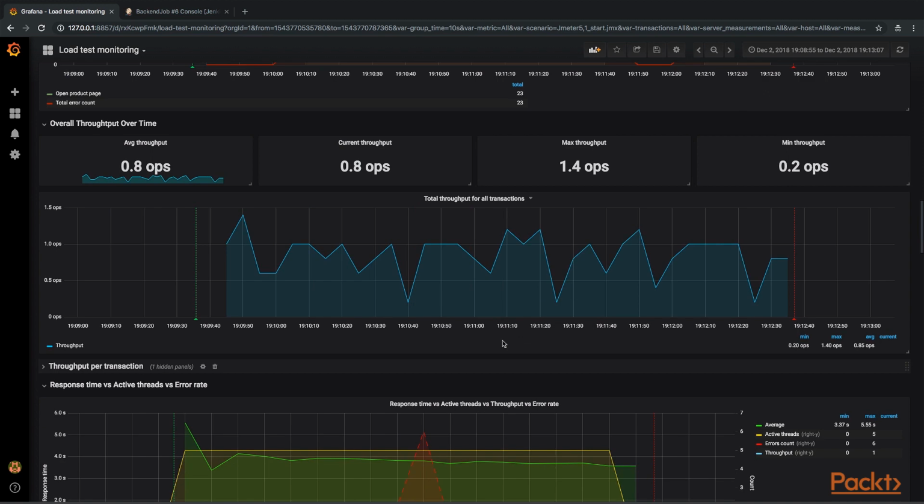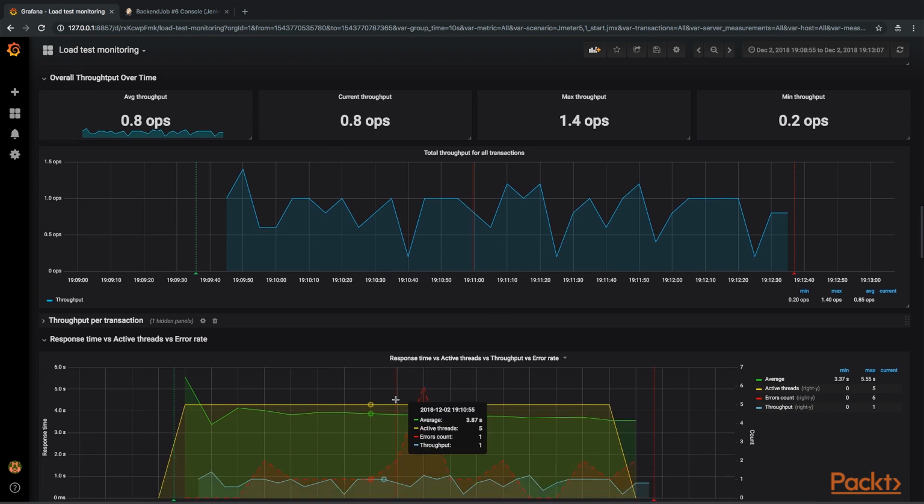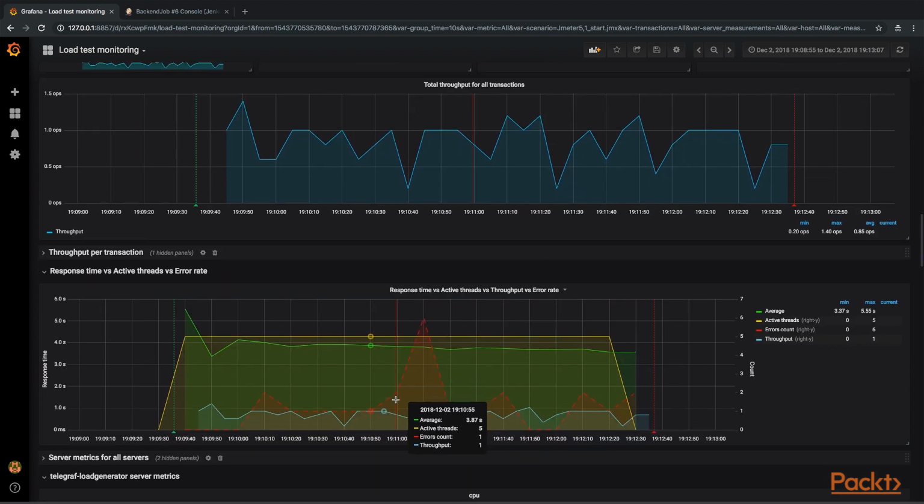We also have a special dashboard panel which helps us to find the capacity of your service. As you remember, capacity is the point where the throughput of your service stops growing. So this panel is totally useful while finding the capacity of your service.